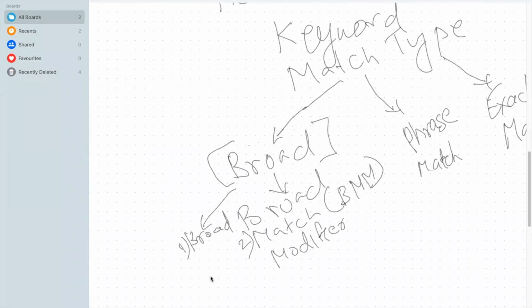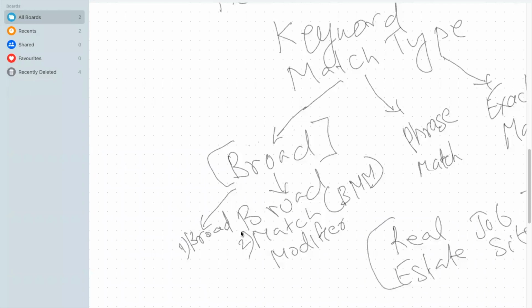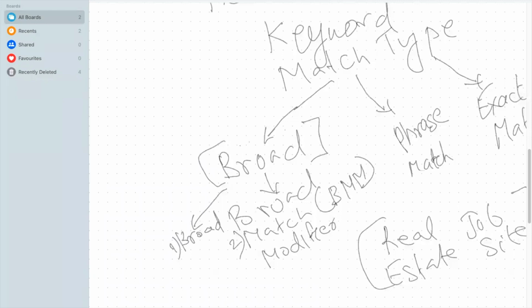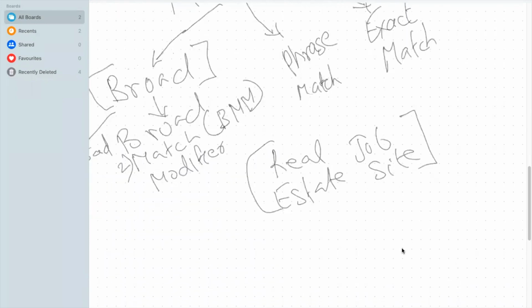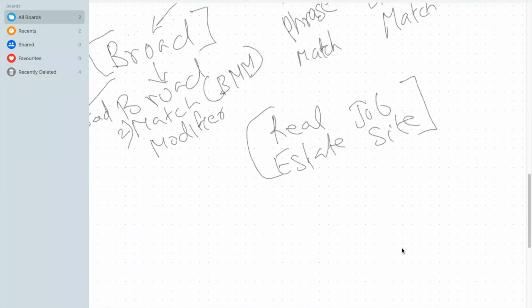Okay, I am targeting keyword real estate job site. This is my keyword. Okay, right? But the user searches, let's say, he just searches job site or job website.